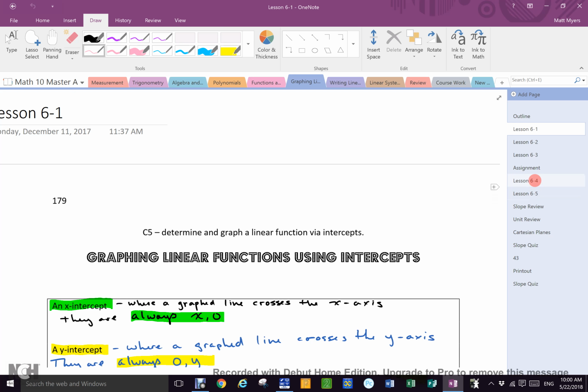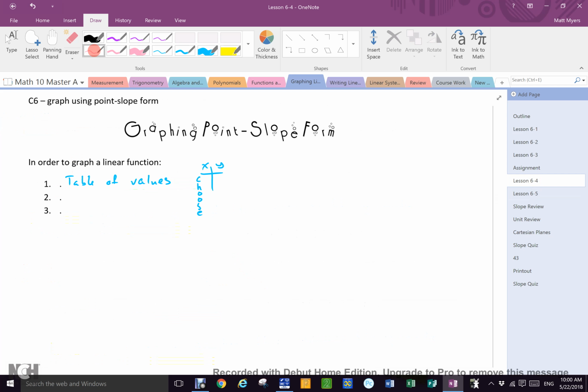X intercepts and Y intercepts. And what do we know about X and Y intercepts? X comma 0 and 0 comma Y. Pink with pink.